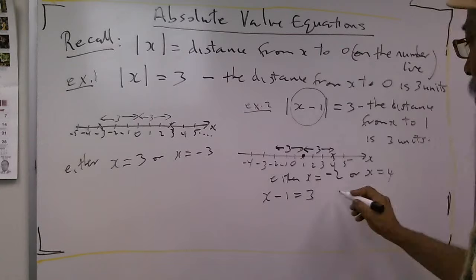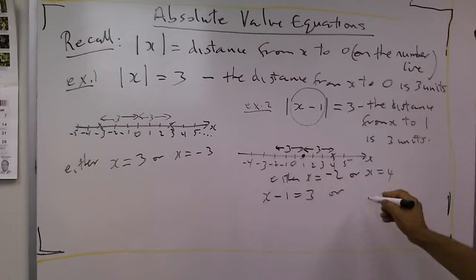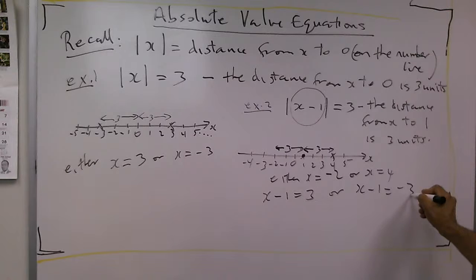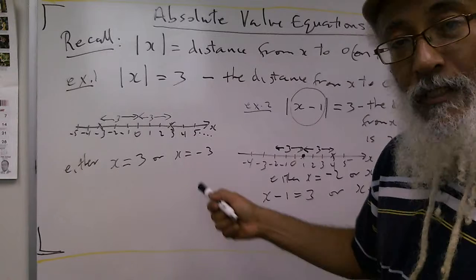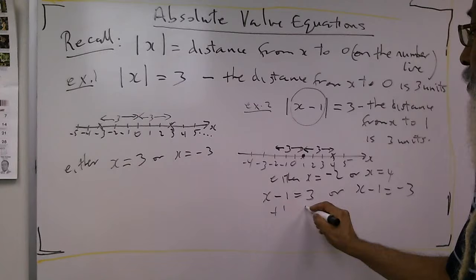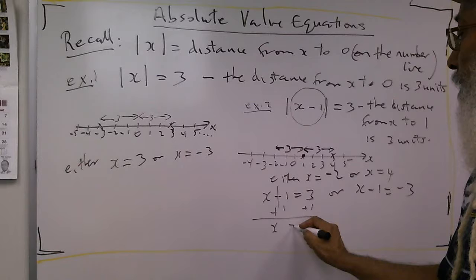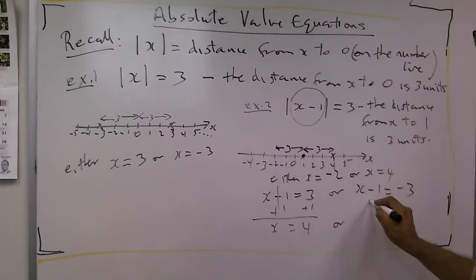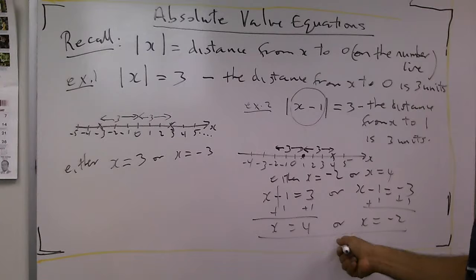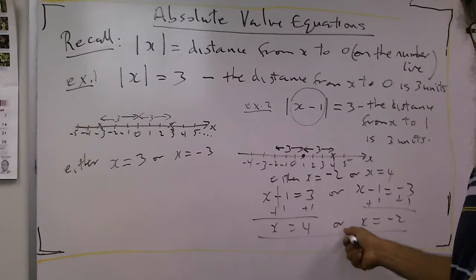Or we take what is inside of the absolute value and we put it equal to -3, using our pattern from example 1. So here we have two equations which we go through our normal process. This gives us x equal to 4, and the second equation gives us x is negative 2. And this is how we will solve the equation algebraically.